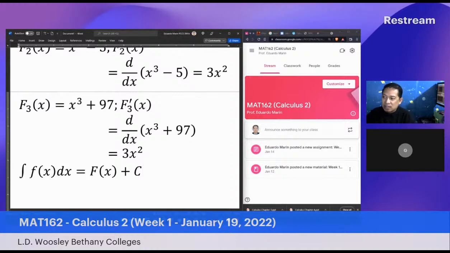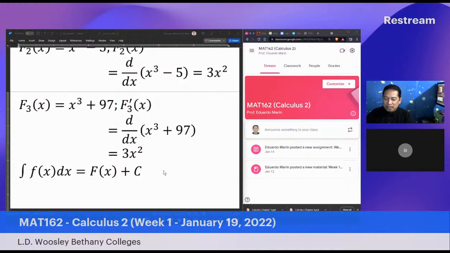So the C represents a constant covering all possible values at a given interval. That is why we put plus C in integration: there are very many antiderivatives of a function.